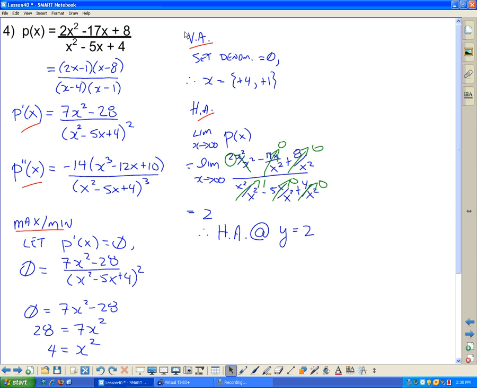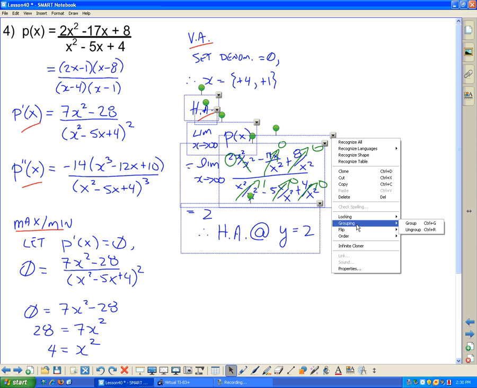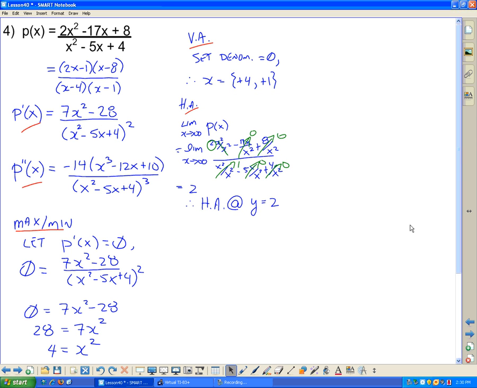Really should do end behavior since we do have vertical asymptotes. So that's the next task here, and I'll do it off to the side here. So end behavior. All right, as we start to look at the end behavior, we need to do the limit as x approaches 4 from the negative side for 2x minus 1, x minus 8 over x minus 4, x minus 1.